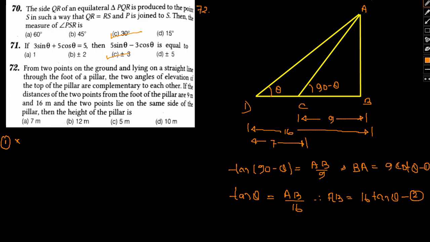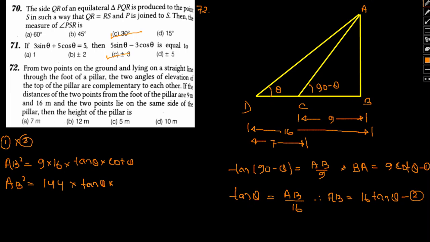So 1 into 2 will give us AB squared equal to 9 into 16 into tan theta into cot theta. So AB square will be 144 into tan theta into 1 by tan theta, which cancels out, so AB will be plus minus 12. Since height cannot be negative, we will only consider the positive 12, or 12 meters. Option B is the answer.